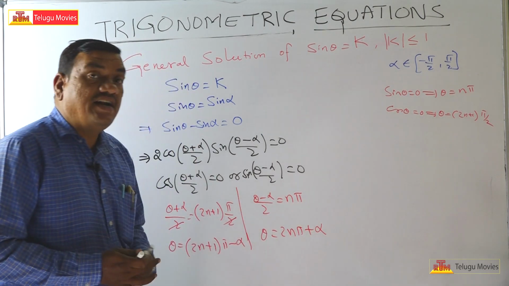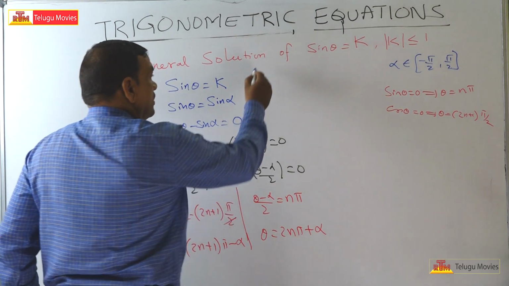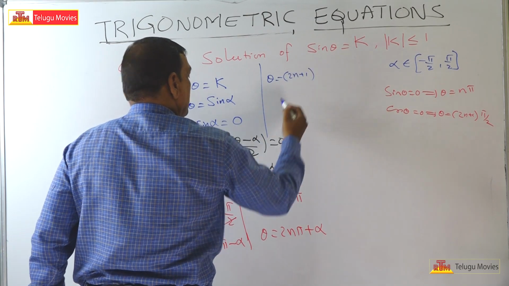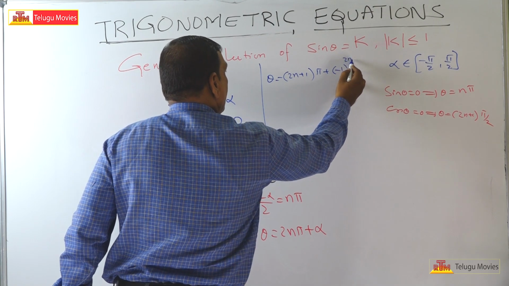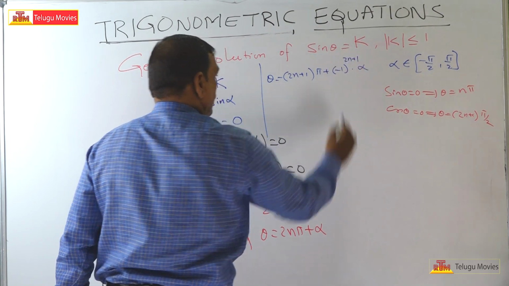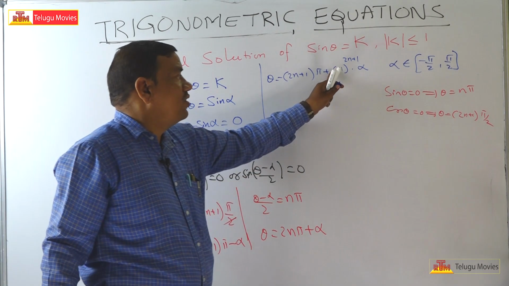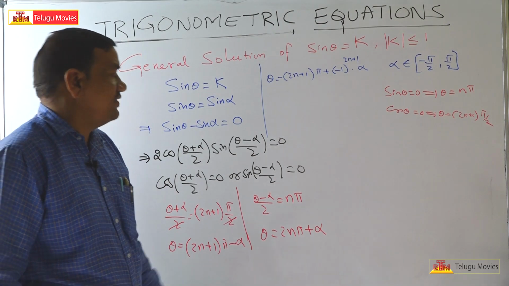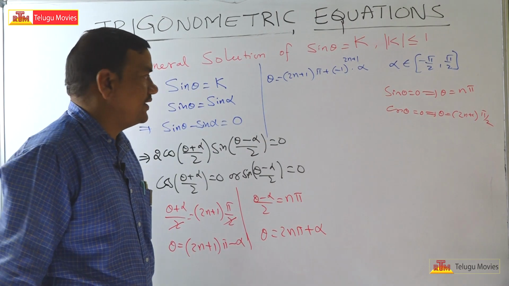So, I will rewrite these two equations like this: theta is equal to (2n plus 1) pi plus (minus 1) whole power (2n plus 1) into alpha. Can I write this? Yes, since it is an odd number, minus 1 whole power odd number gives minus.